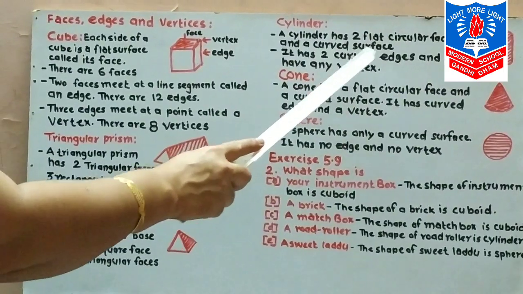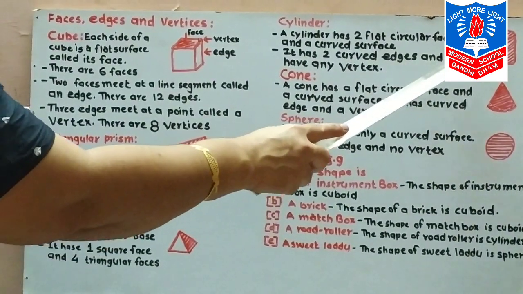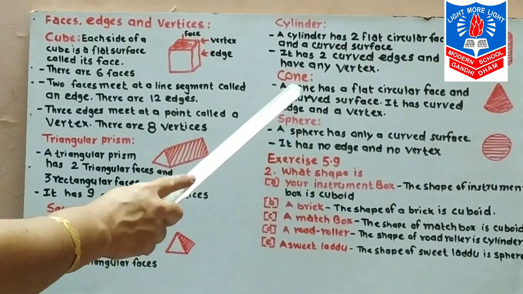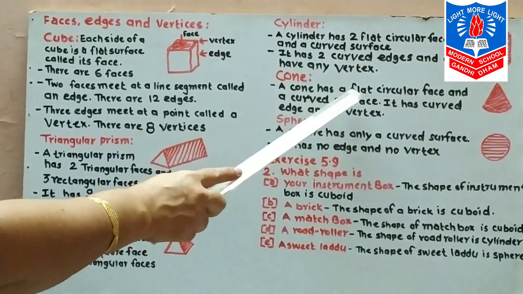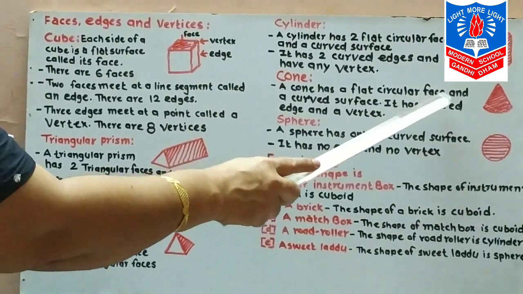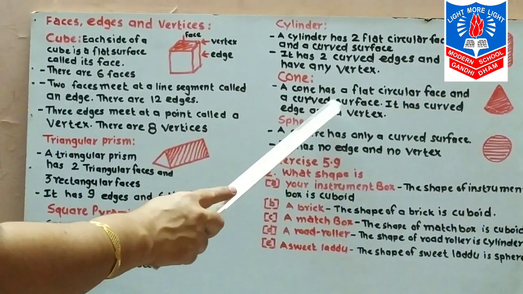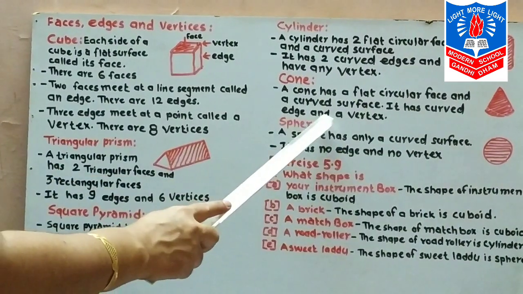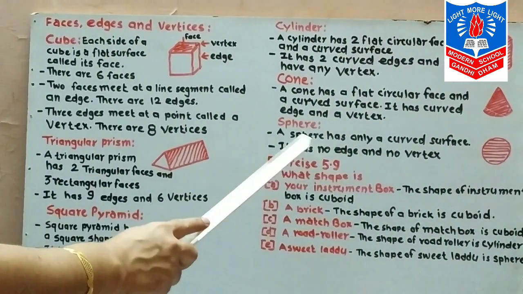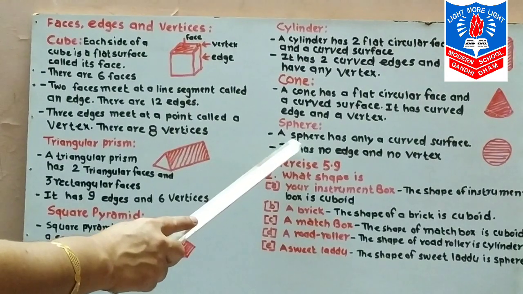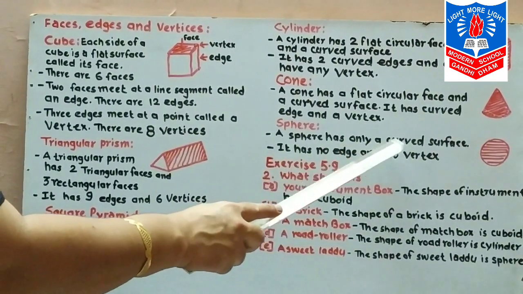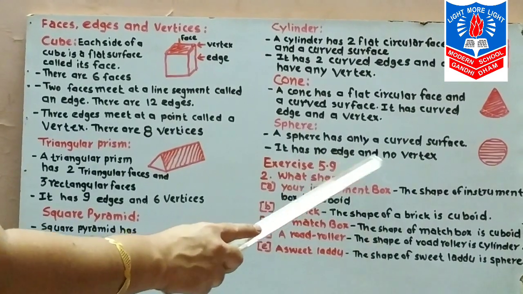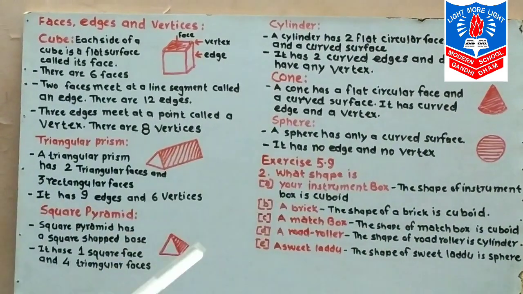It has 2 curved edges and does not have any vertex. Cone. A cone has a flat circular face and a curved surface. It has a curved edge and a vertex. Sphere. A sphere has only a curved surface. It has no edges and no vertex.